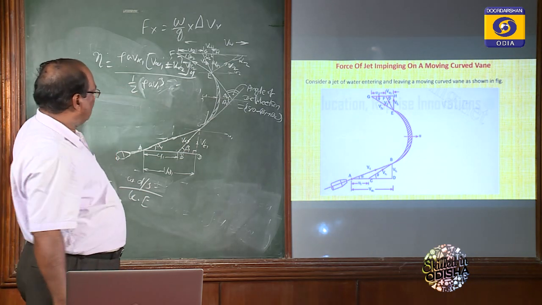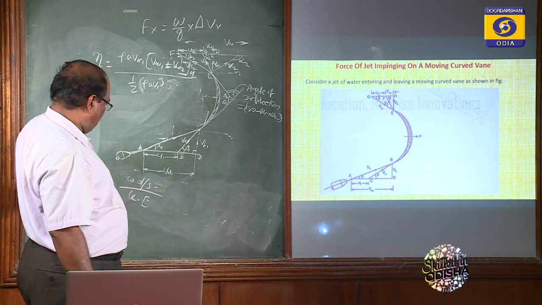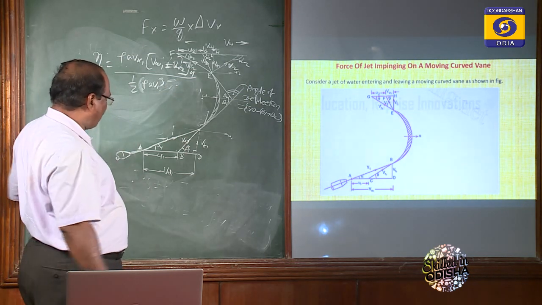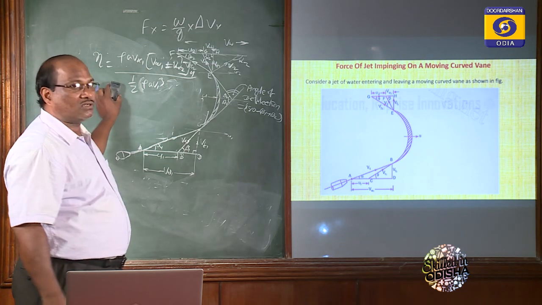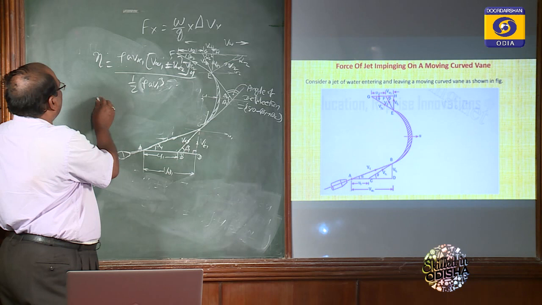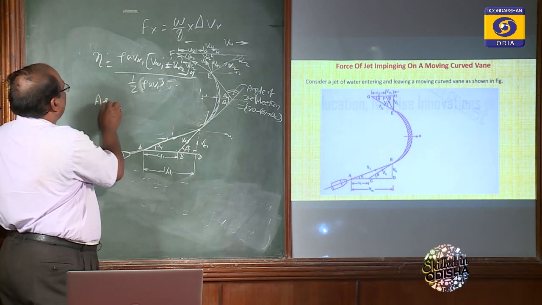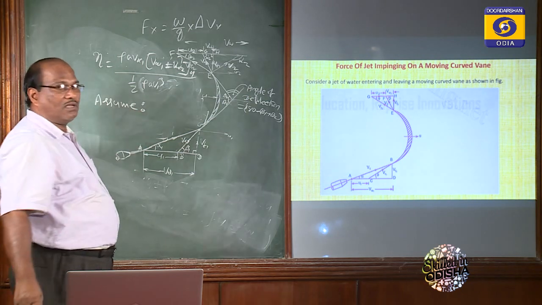So these are the formulas to solve problems on curved vanes. So the different conditions under which we will solve problems on curved vanes. You have to remember the conditions if they are not given in the problem.